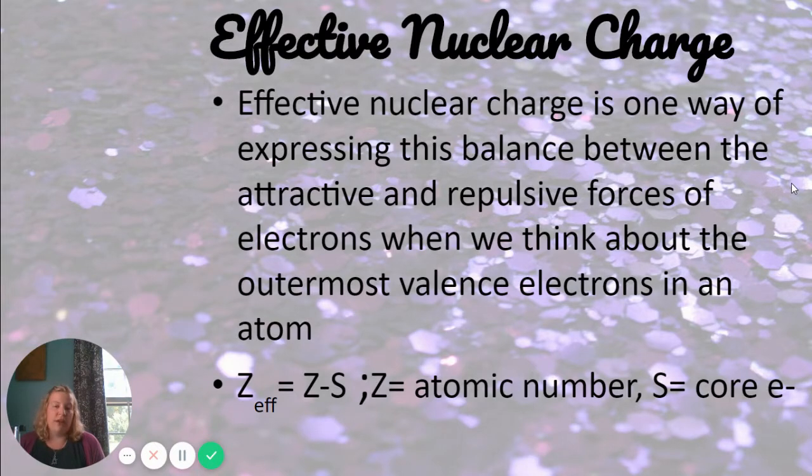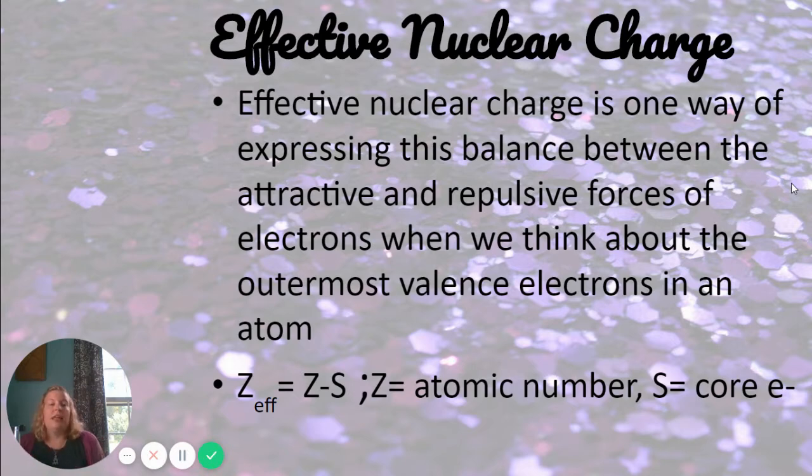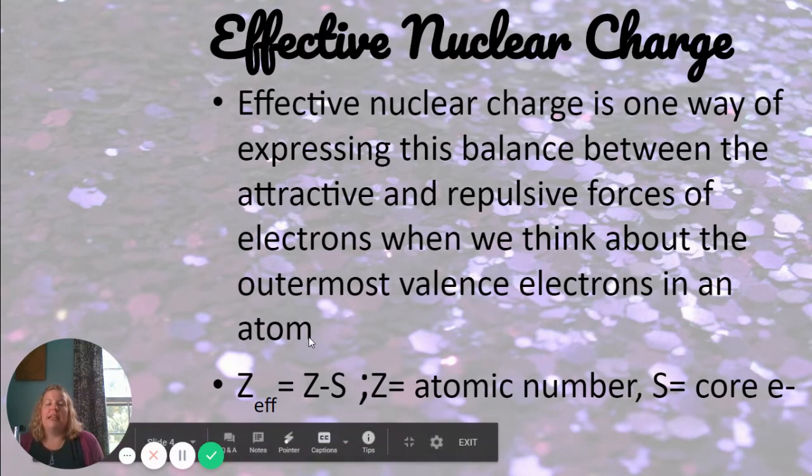The effective nuclear charge is a mathematical calculation that represents the balance between the pull and the push. It is called Zeff, or Z effective. Z represents charge most of the time.